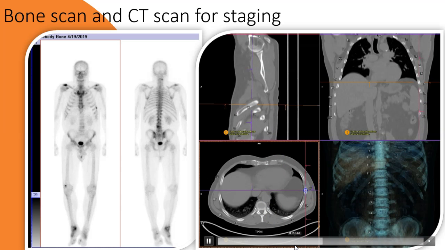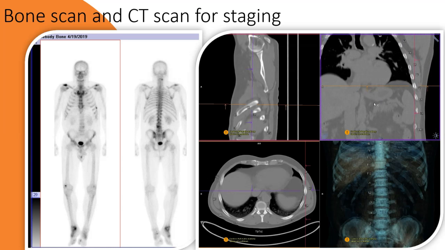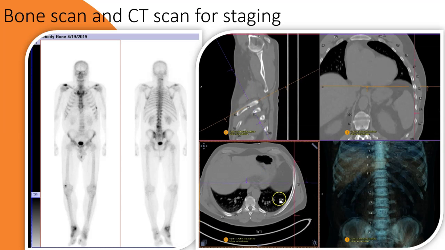If we then look at it on the multiplanar reconstruction, again we see some sclerosis, not very definite, and maybe the oblique plane would be helpful. And we look at the oblique plane and we see, yes, there is some endosteal sclerosis, which is consistent with a metastatic deposit.